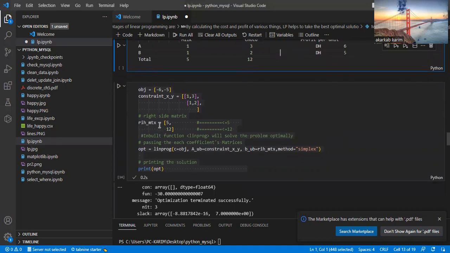Here we have the coefficient matrix, and we have 5 and 12 here. And we have the constraints: 1 unit of milk and 3 units of chocolate for A, and for B we have 1 unit of milk and 2 of chocolate.